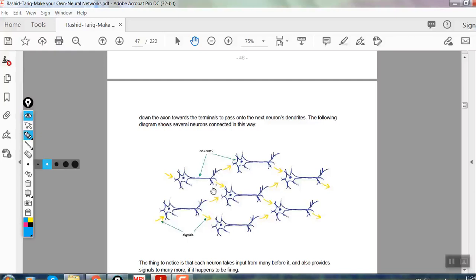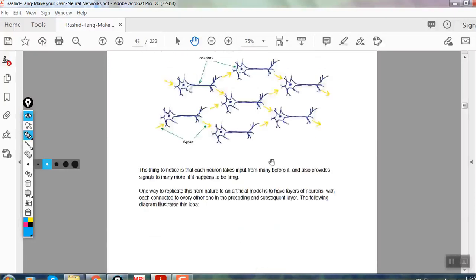Then the outputs of the terminals reach another dendrite, then pass through the axon and then the terminals. And this event happens for different neurons. But how can we model these events in a computer?